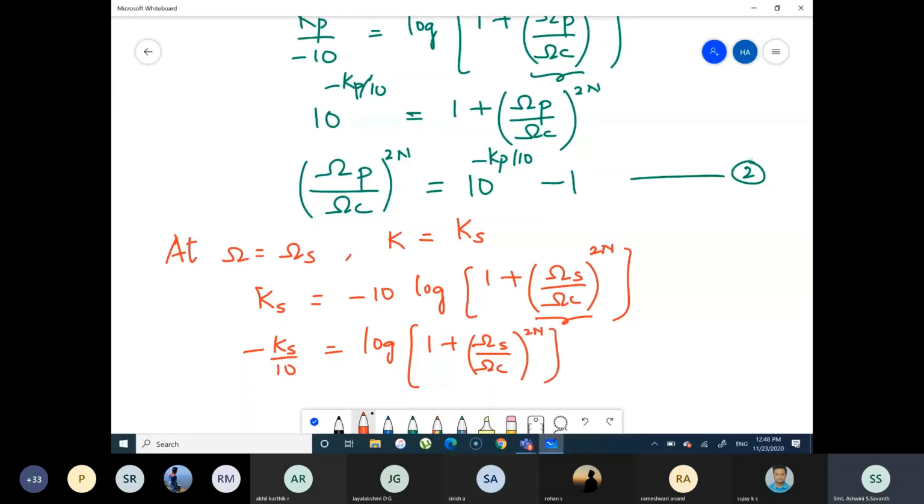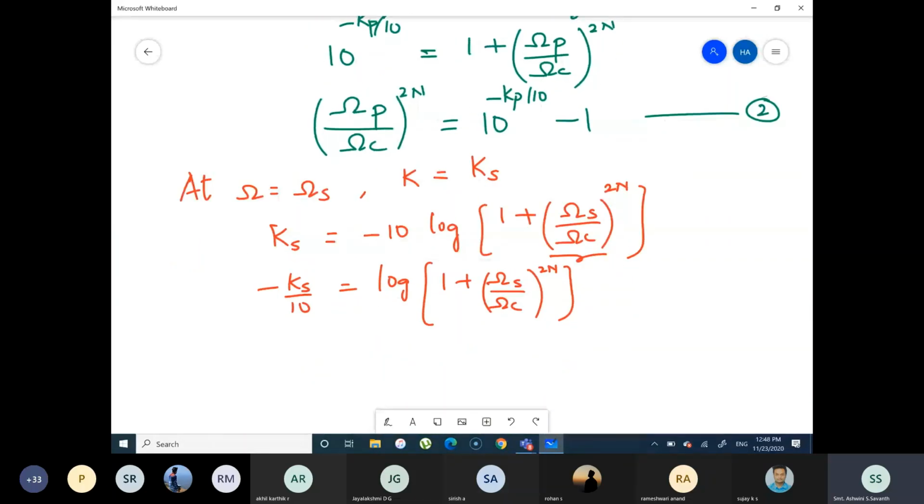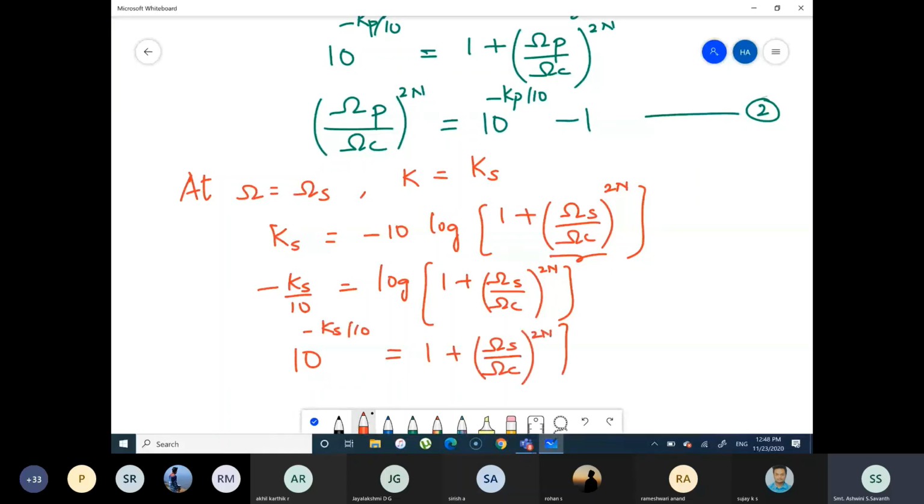Similar to the step we did previously, this can be written as 10 raised to the power minus ks by 10 equals 1 plus omega s by omega c to the power 2n.